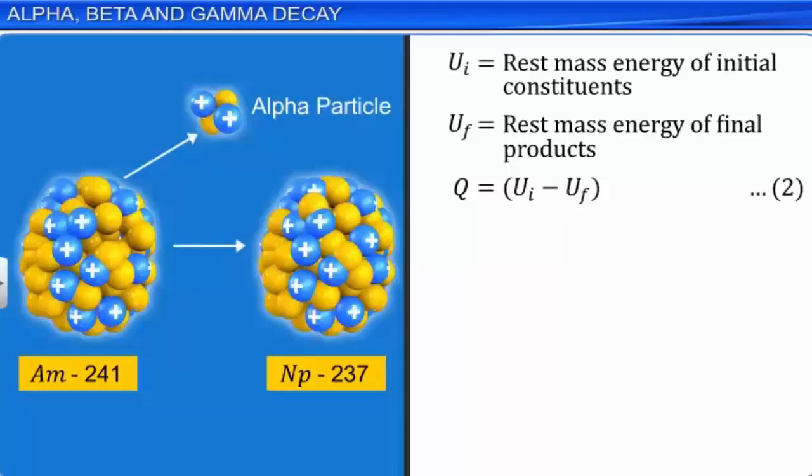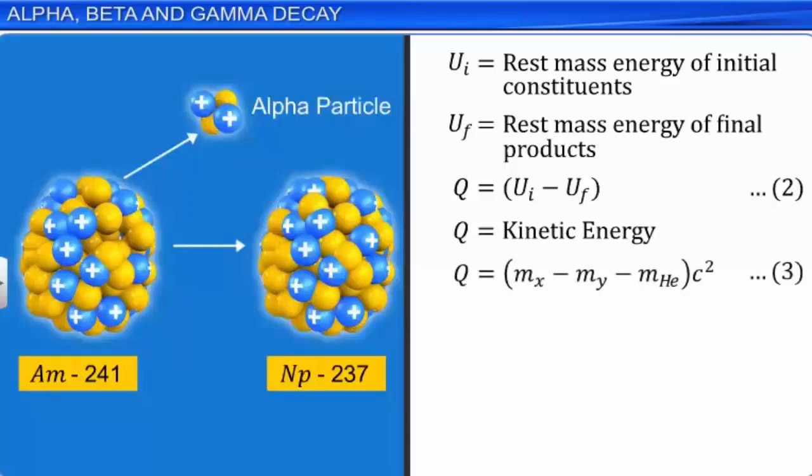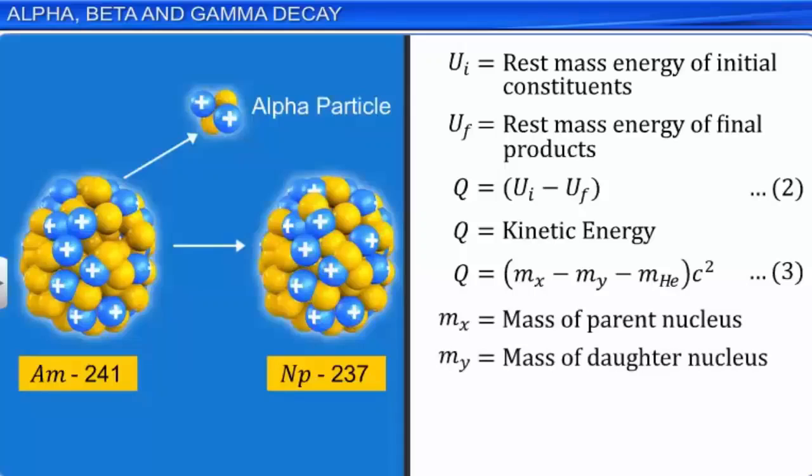Thus, the Q value of an alpha decay can be expressed as Q = (mX - mY - mHe)c². Here, mX is the mass of parent nucleus, mY is the mass of daughter nucleus, mHe is the mass of a helium nucleus, and c is the velocity of light. Let this be equation 3.